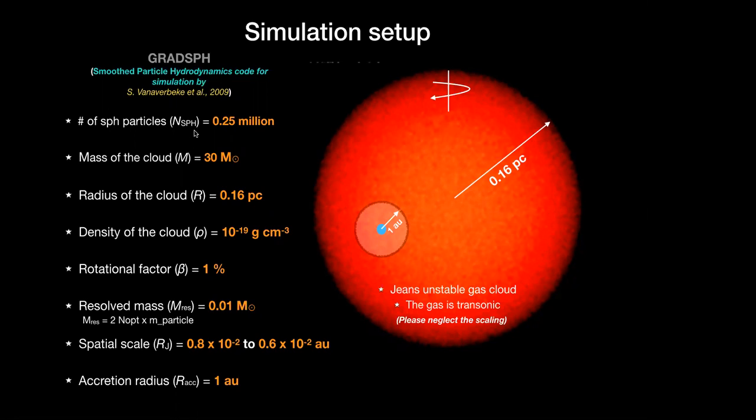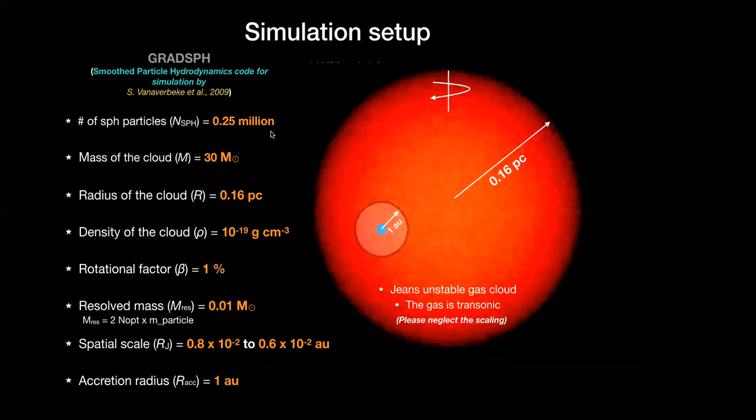Let's have a quick look at what the initial conditions were for the gas sphere that we studied. In the case of an SPH simulation, you ought to populate a gas sphere with a certain number of particles. These particles represent the gas contents. When you populate the simulation domain with a number of particles, we call it the SPH particle number. I followed the simulation with an SPH particle number of 0.25 million.